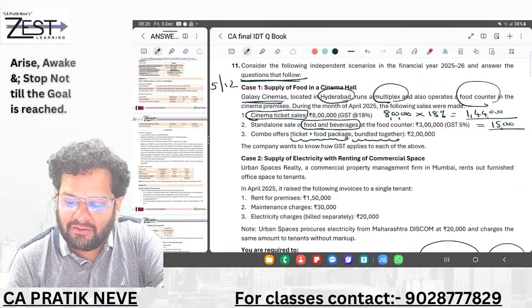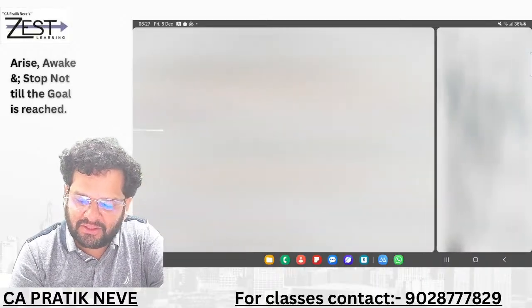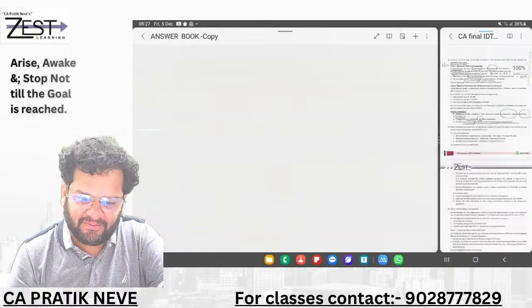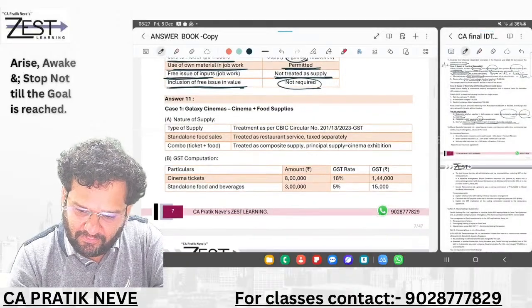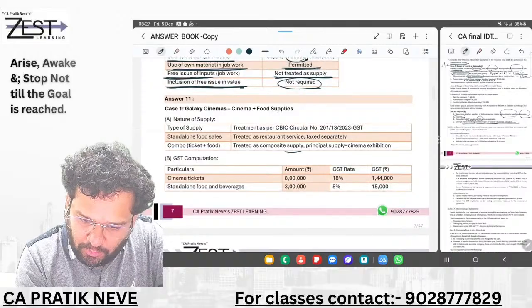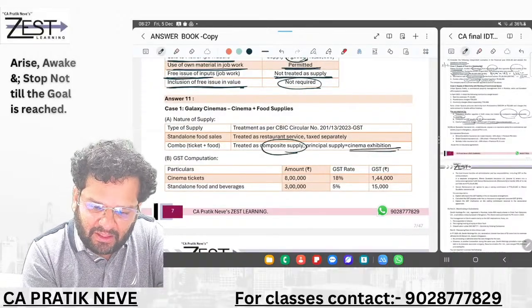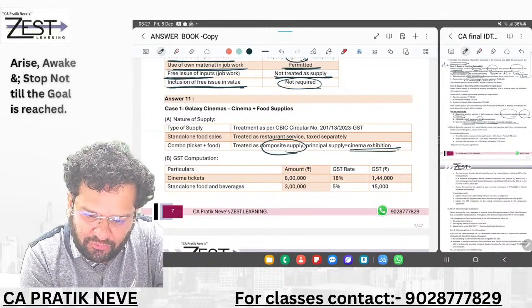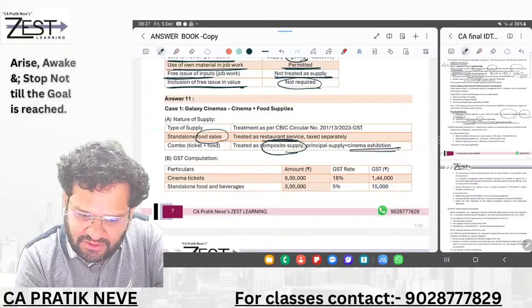So on 2 lakh, GST will be at 18%. See this. Composite supply, principal supply will be cinema. And then standalone sale of food will be restaurant service.